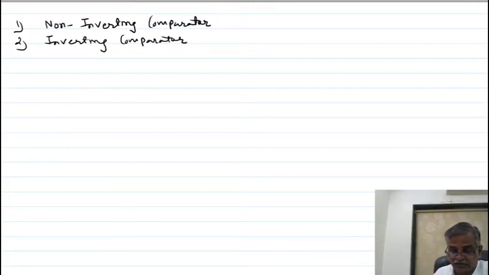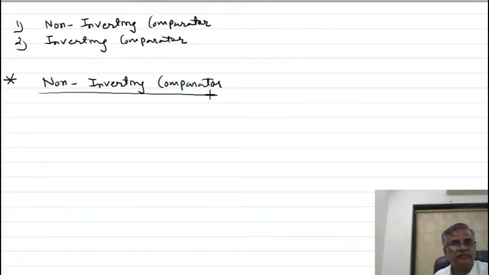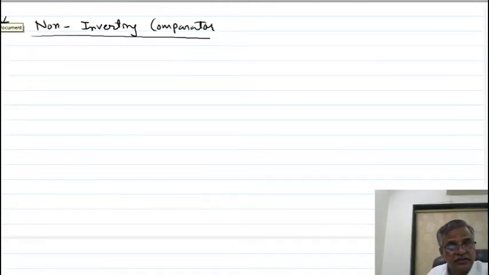Let us see first the non-inverting comparator. Listen, in a non-inverting comparator, the input voltage is given to the non-inverting terminal.